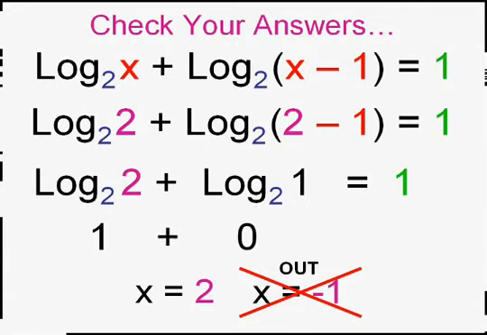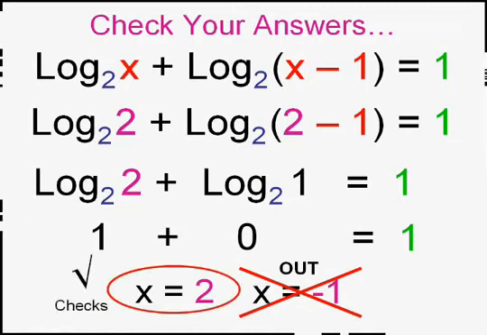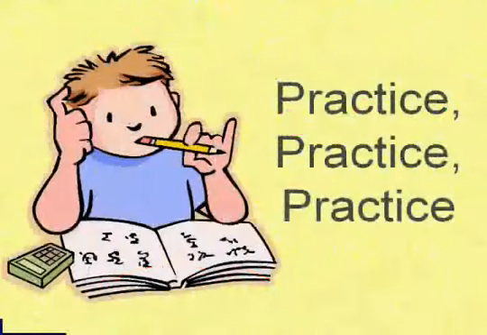And the left side will be 1 plus 0, or 1, and the right side is also 1, and this one works. So the one solution to this is 2. So remember to always plug in and check your answers. Excellent. Got the idea? Well, go try it. Do your condensing, then do your old switcheroo and solve those equations.